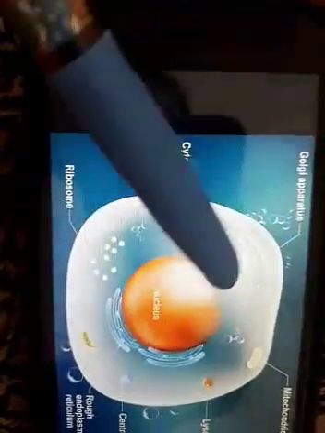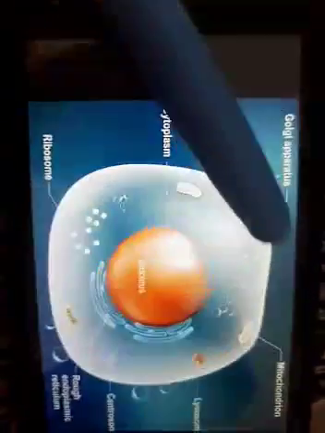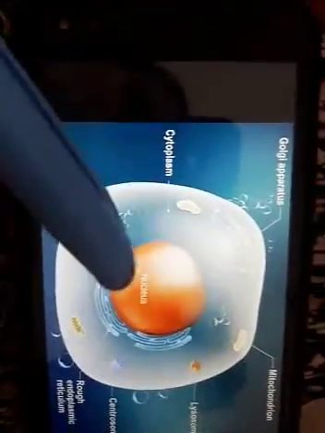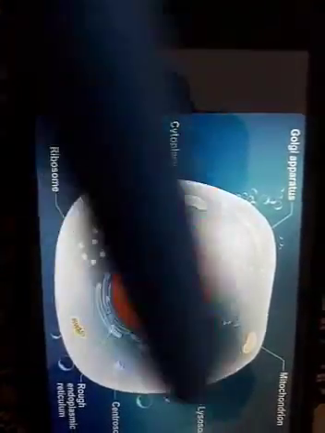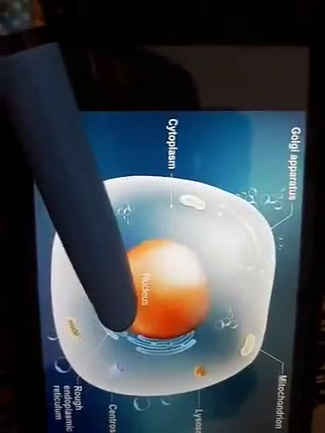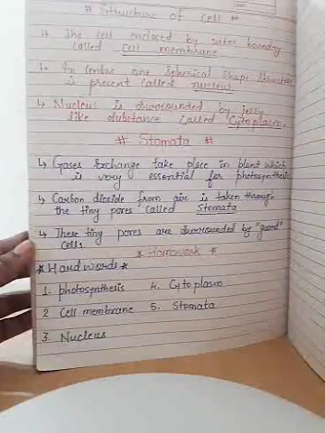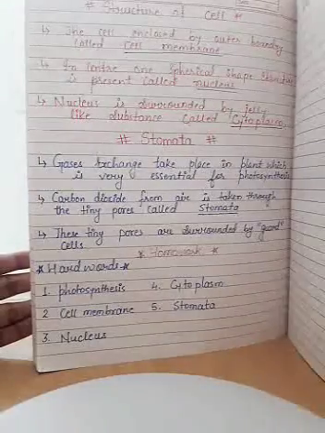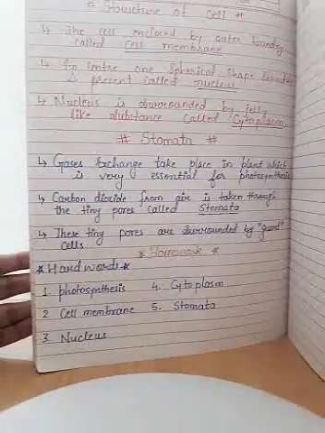And here the jelly-like substance is known as cytoplasm. For this time it is sufficient. In further classes you will learn more about the structure of a cell. Our body is made up of a number of cells, like buildings are made up of a number of bricks.